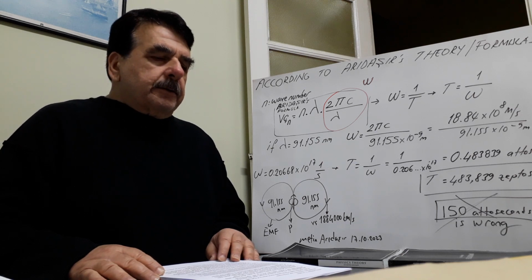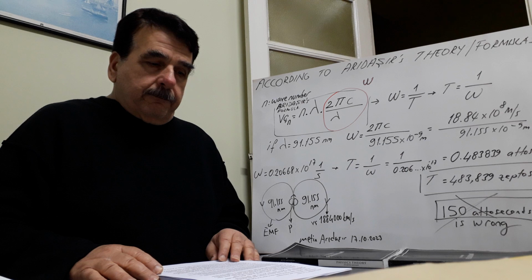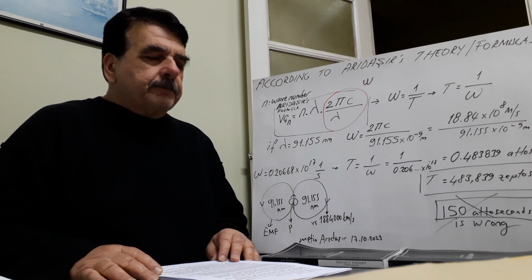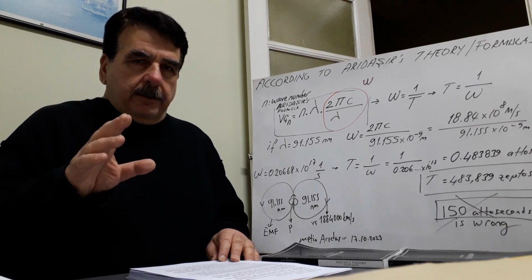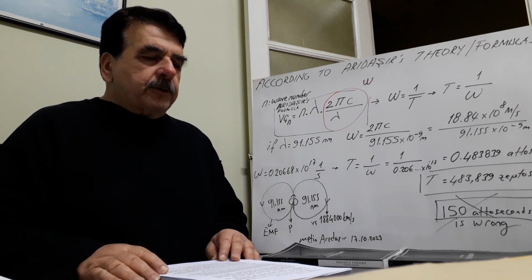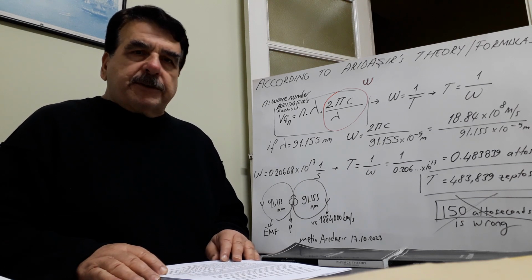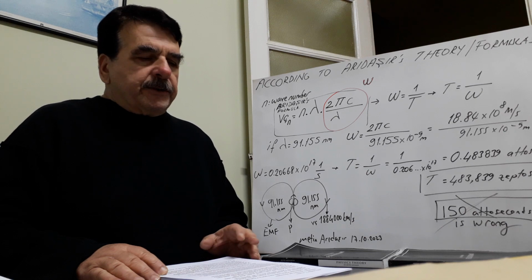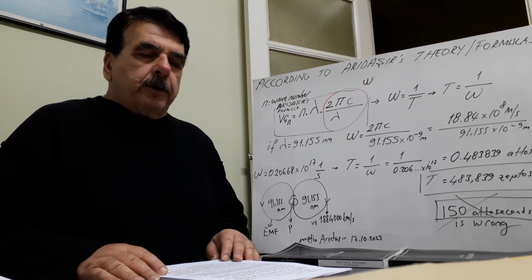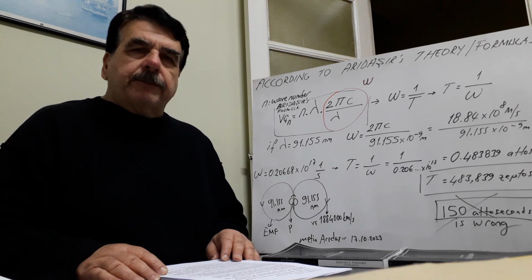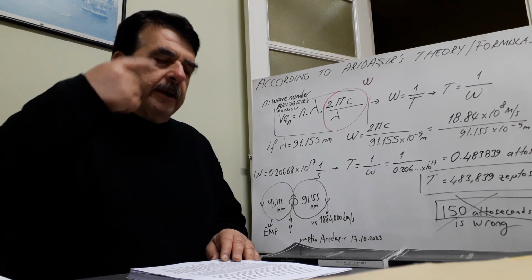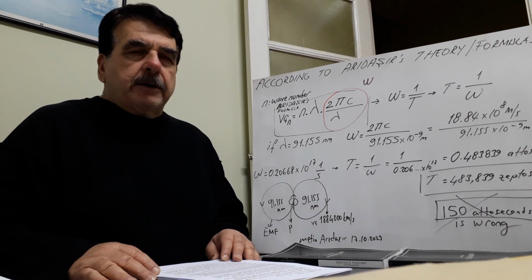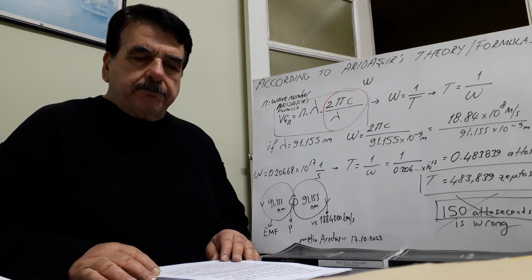1. Attosecond physicists, I'm so sorry. Attosecond physics time scale is based on Niels Bohr atom model. They say, according to Bohr's atom model, an electron takes 150 attoseconds to orbit the proton in a ground state hydrogen atom.